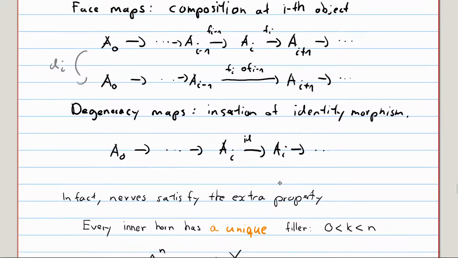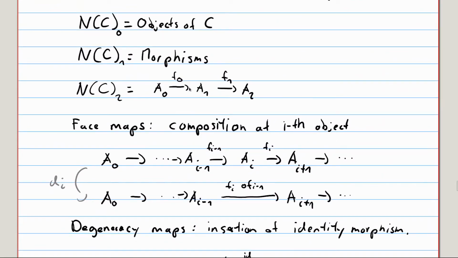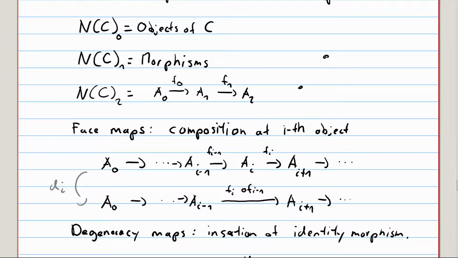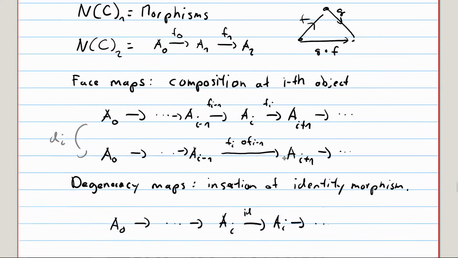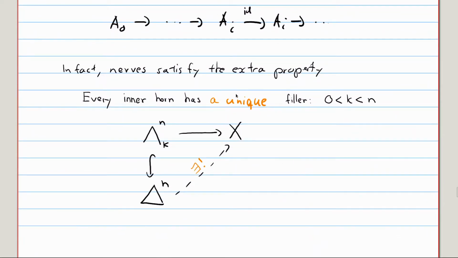Another way to view this is that if you've got this two-cell, this data witnesses the fact that if you have two morphisms like this, call them f and g, then there exists a two-cell, and this two-cell represents their composition g composed with f. And because in ordinary categories this is unique, this gives you this unique filler condition.